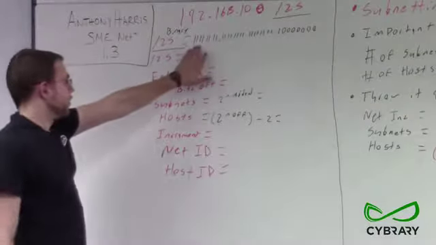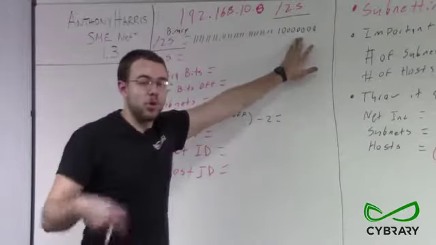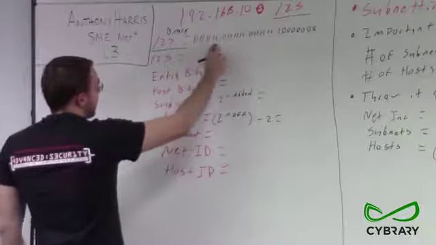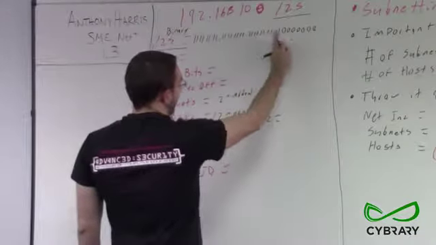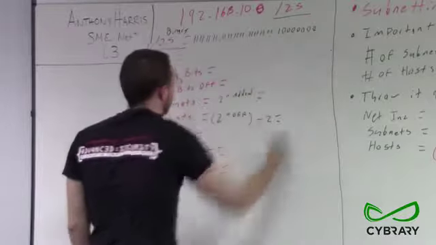So each of these sections are octets. We've talked about how our octets work with our IP addresses. And we have 8, 16, 24, and 25 ones. And then the rest are zeros.